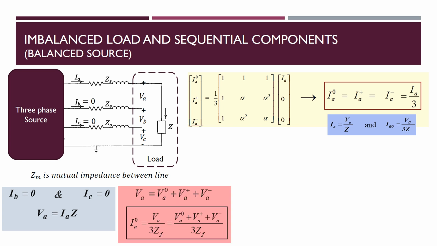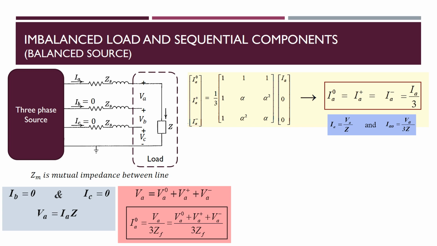Similarly, you know that VA is equal to VA0 plus VA plus and VA minus. From that earlier equation you have IA0 equal to VA over 3Z. If you convert this VA into sequence components and substitute, you will end up with (VA0 plus VA plus VA minus) over 3Z.